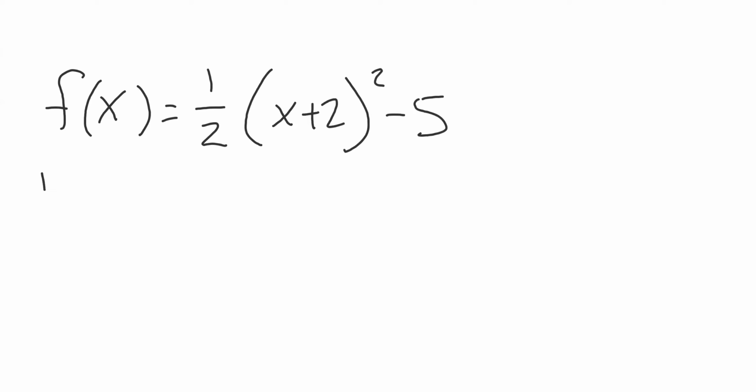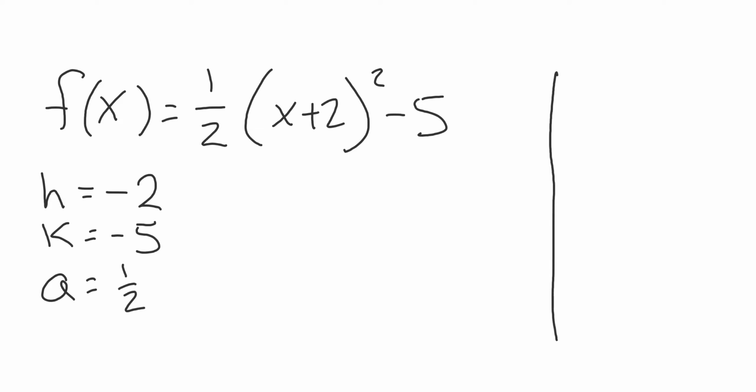Here, remember in our general equation, it says we've got a times x minus h. So if we were subtracting something from x here, we would be subtracting a -2. That's how it comes to be that we're adding 2. It's the same thing as subtracting a -2. So our h is -2. Our k is going to be -5. And our a, notice, is this 1/2.